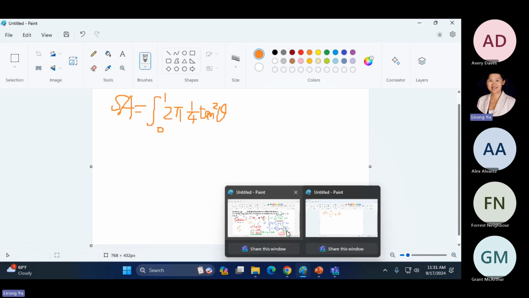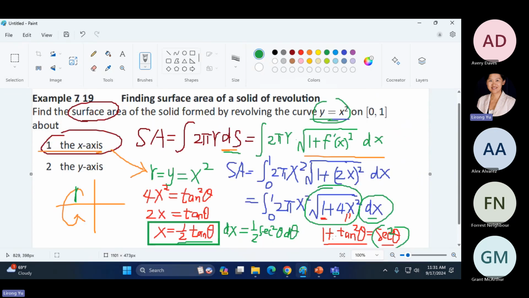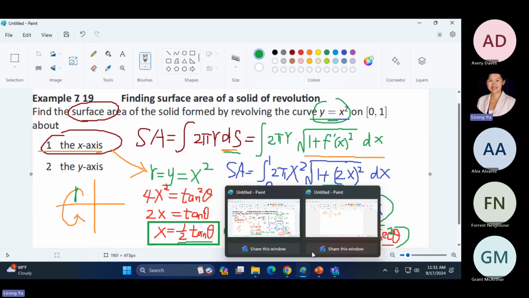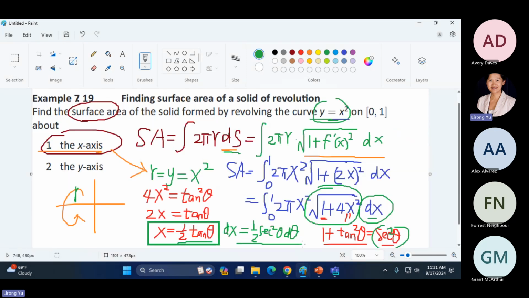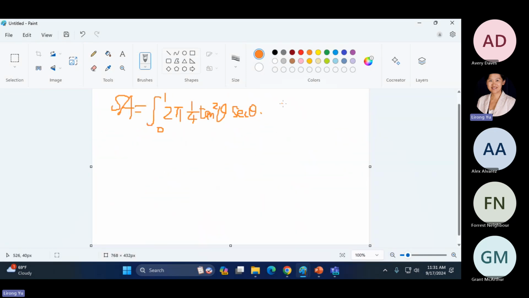And then the square root of 1 plus tangent squared is the square root of secant squared, that's the secant. And then the dx is equal to 1/2 secant squared theta. So everything combined, this 1/2 cancels that 1/2. This 1/4 and pi would still be there, but we can simplify.